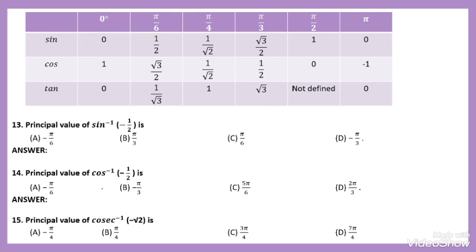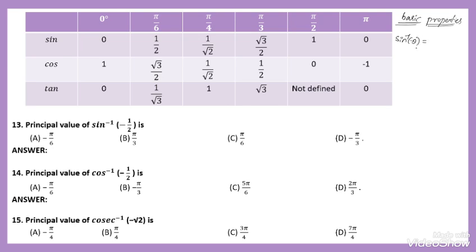Now the first question, question 13: what is the principal value of sine inverse of minus 1 by 2? Before going to solve the problem, there are some basic properties of the inverse trigonometric functions.